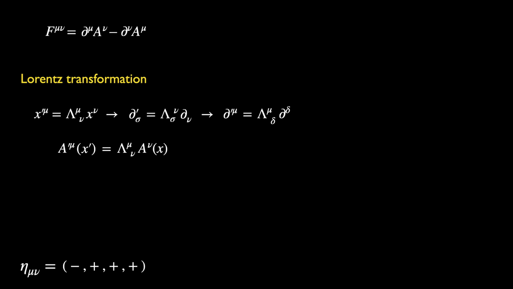Now, let's see how F mu nu transforms. This is quite straightforward, since A and its derivative transform independently, as lambda is constant. Let's look at the transformation of the first term.